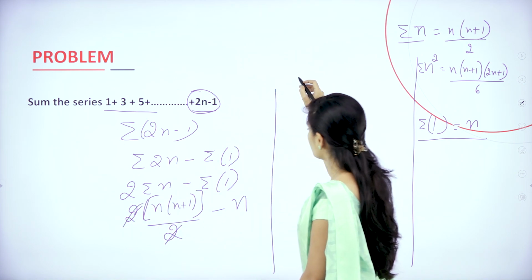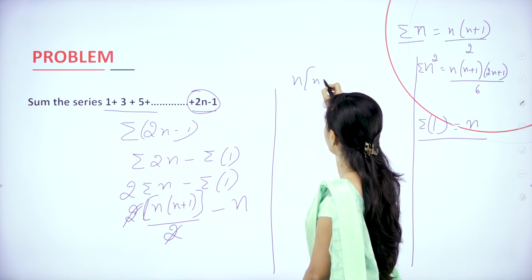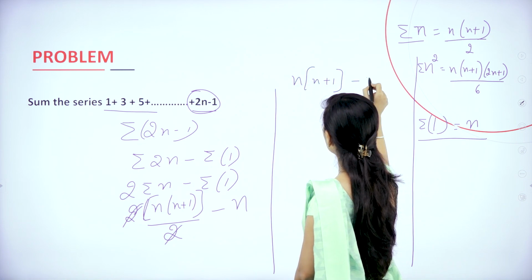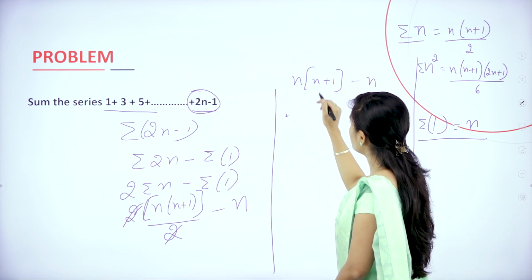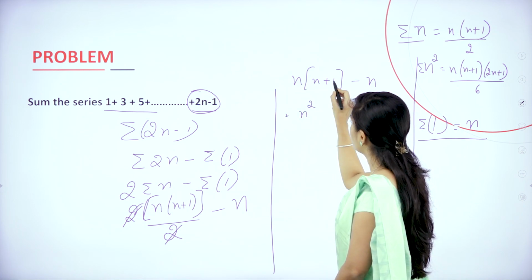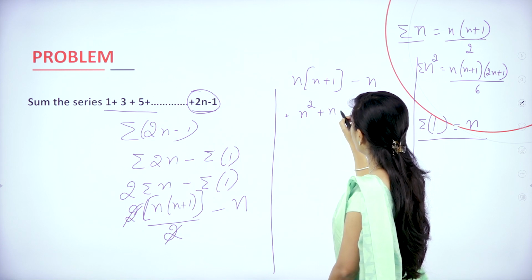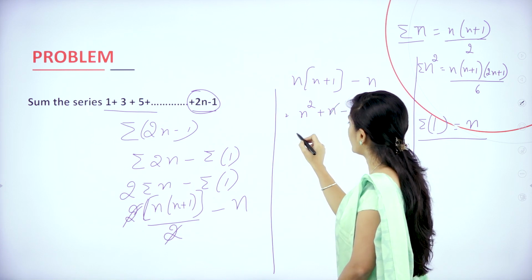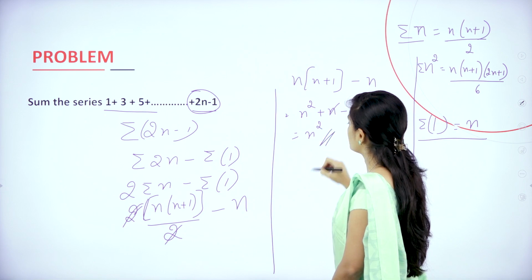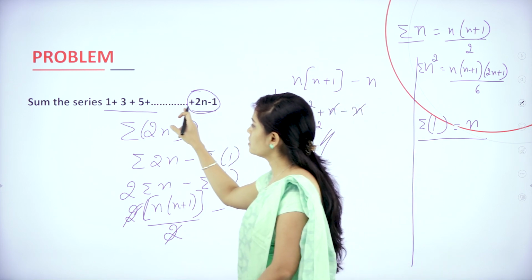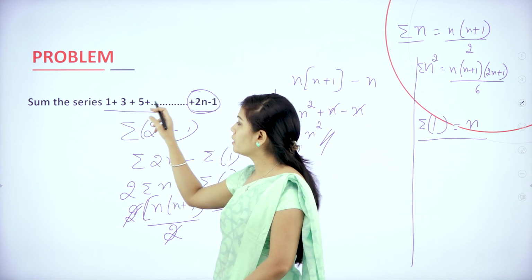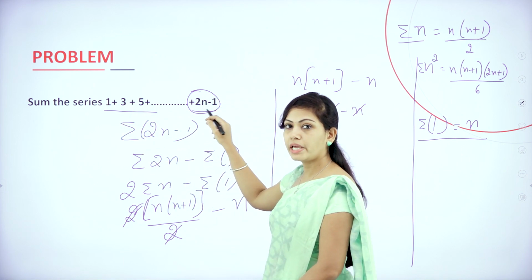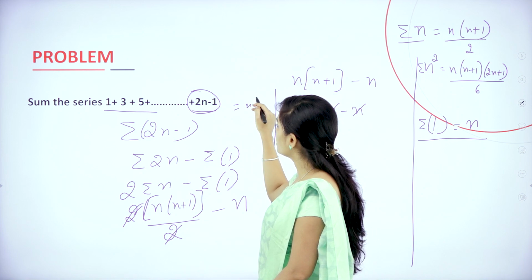You can cancel this 2 and you will get n into n plus 1 minus n. So simplify this again, n into n is n square plus n into 1 is n minus n. So n gets cancelled, you will get n square. So n square is the correct answer to this question. So the sum of the series 1 plus 3 plus 5 plus up to 2n minus 1 is equal to n square.